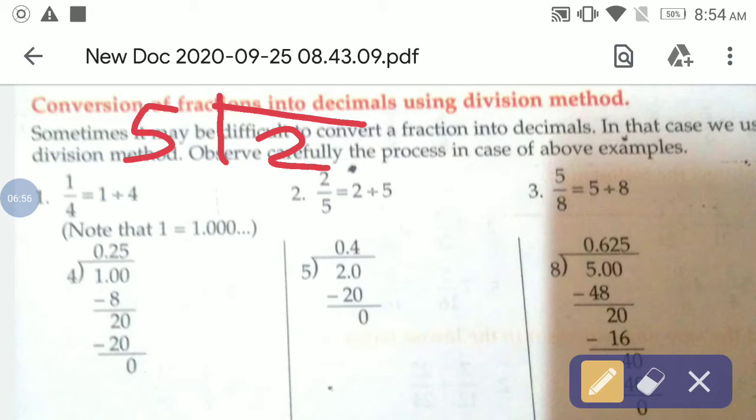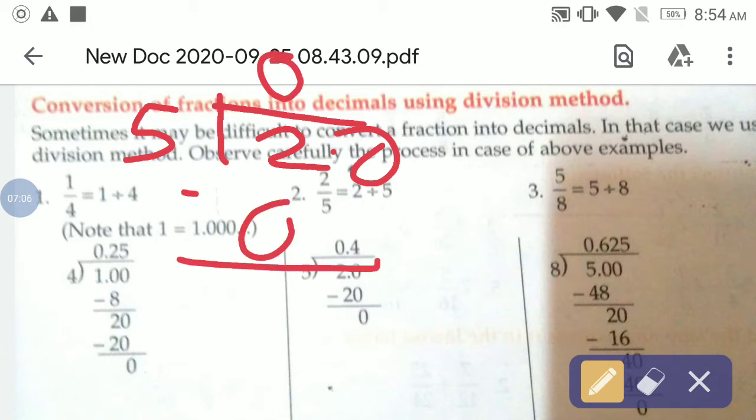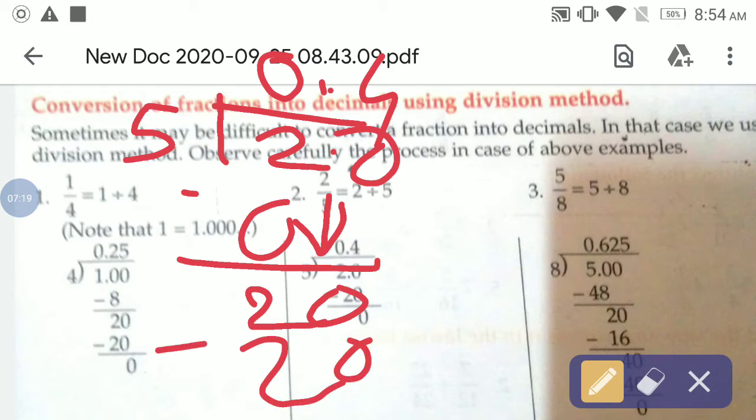Again, if the decimal point is not there, it means that you have the decimal point after the 2. So you will get 2. Then to take this 0 down, you have to give the decimal point. Then it becomes 20, and 4 5s are 20. So you will have 0.4.